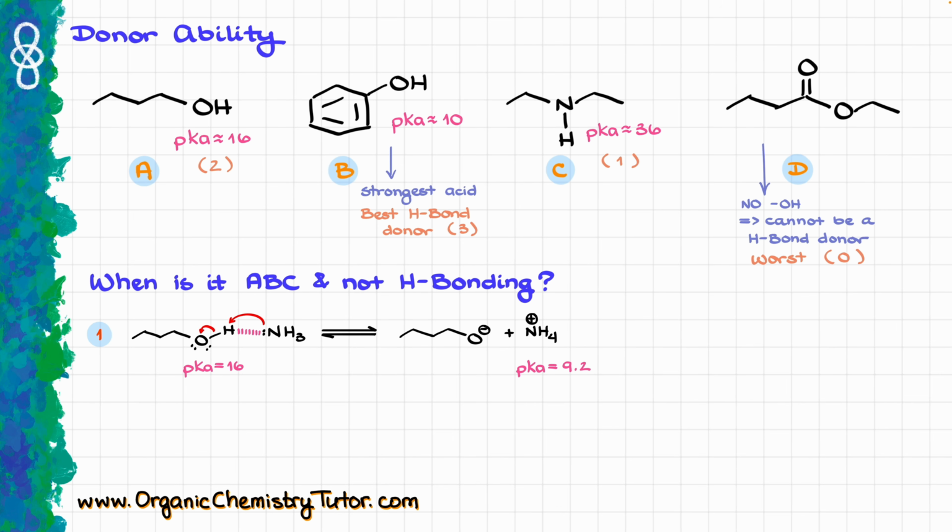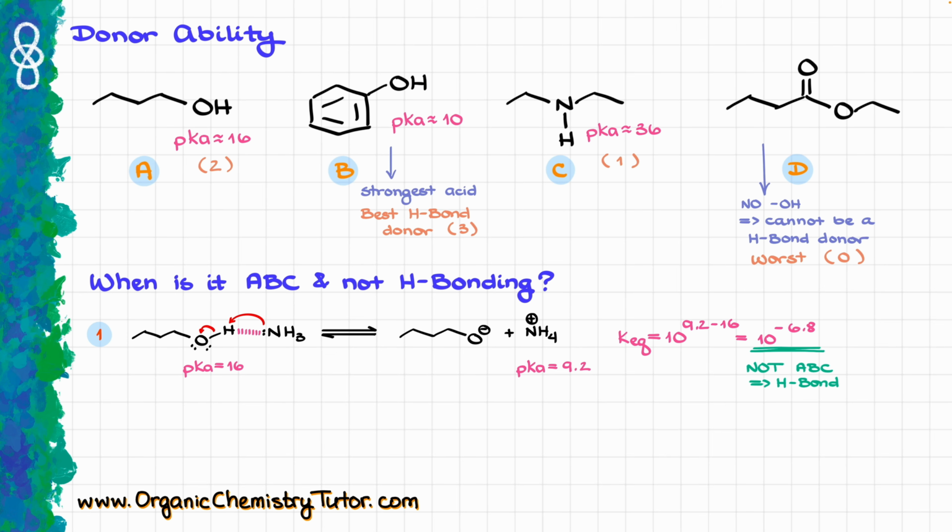Using these numbers to estimate my equilibrium constant, I'm going to have 10 to the negative 6.8 power. That is a very low number, which means that that is not a reasonable acid-base equilibrium, and what we have here is just a hydrogen bond instead.